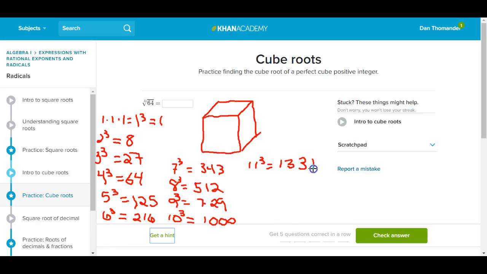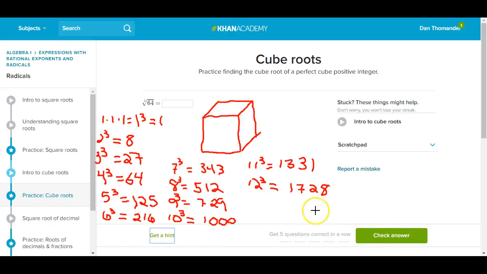Okay, so that's a good number to know. We'll do one more, which is 12 cubed. 12 times 12 is 144. It's 12 squared times 12, and we get 1,728, which is 144 times 12.